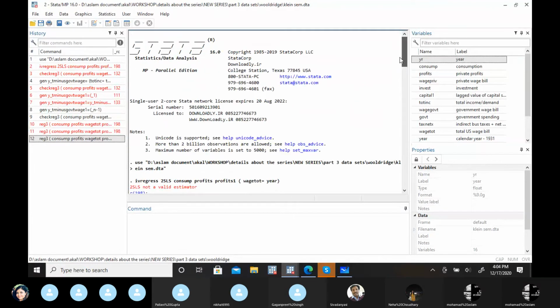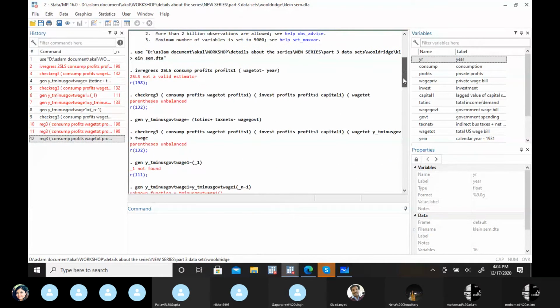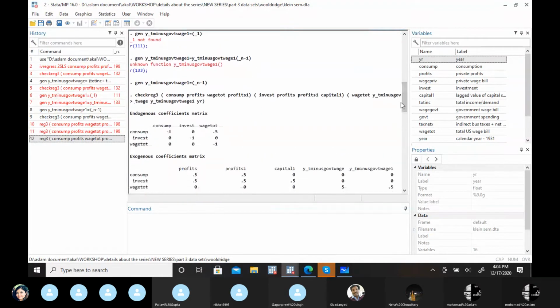Okay, now the command part. First, what I want is to identify whether the equation is identified or not. For that the command is check reg3. After that, you have to put all your equations.